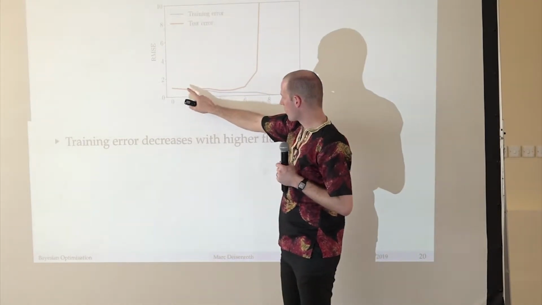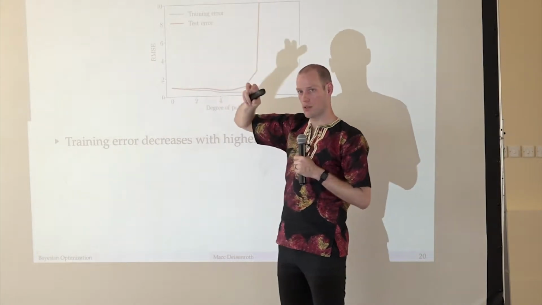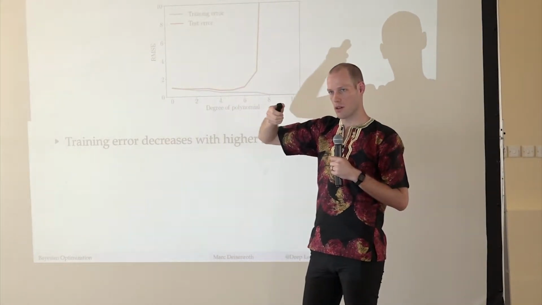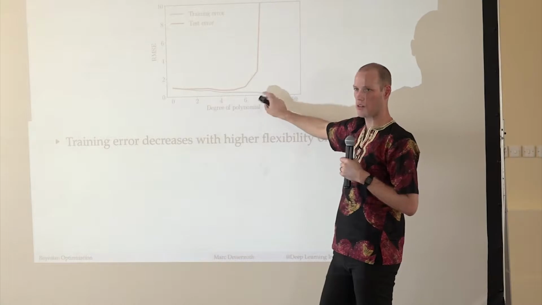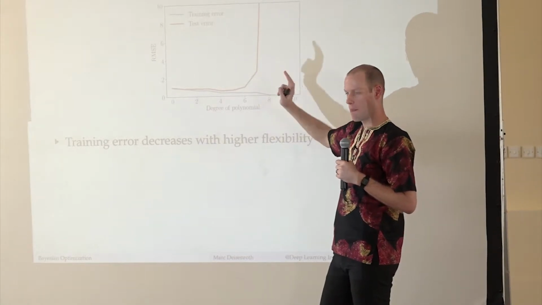But this is the key thing: if you increase the flexibility of your model class, or the degree of the polynomial, the training error goes down, and at some point you hit 0 or something very close to 0.